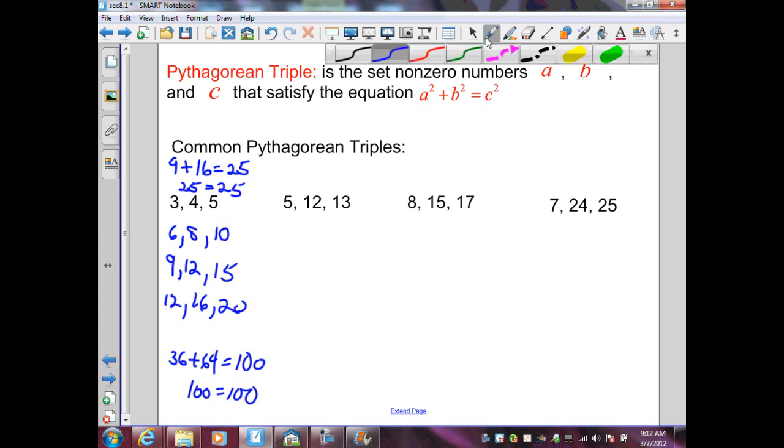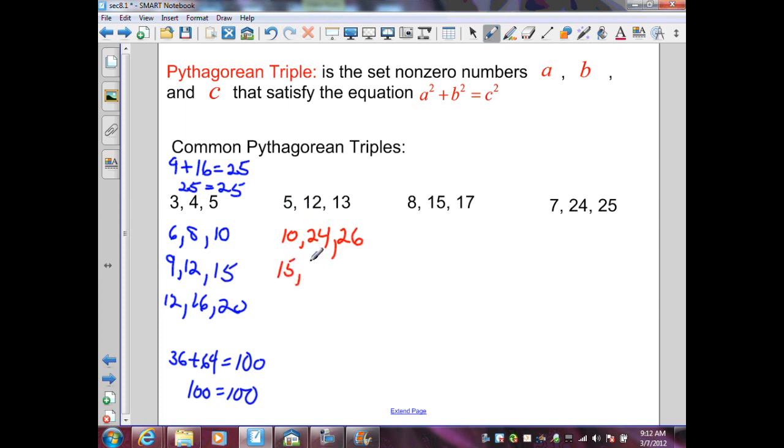I can do that for each set of numbers. A 5, 12, 13, substituted into the Pythagorean theorem, is a right triangle. The left side equals the right side. I also know if I multiply this by multiples, each of those sets of multiples is a right triangle. For example, multiplying by 2, 10, 24, 26. Or multiplying by 3, 15, 36, 39.